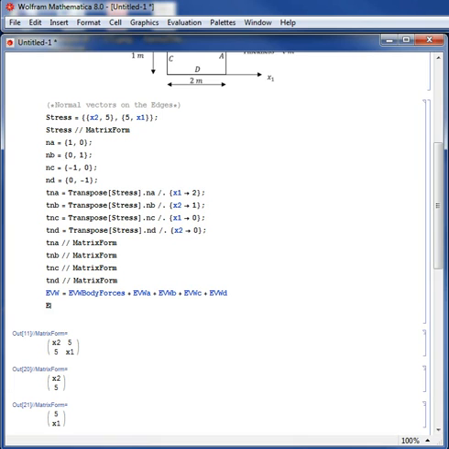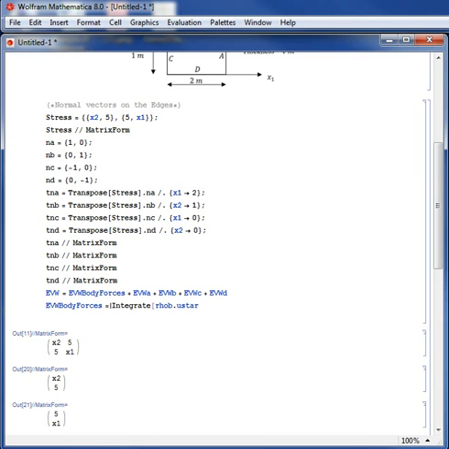The external virtual work of the body forces is equal to the integration of rho B vector dot u star, but the body forces vector is equal to 0.